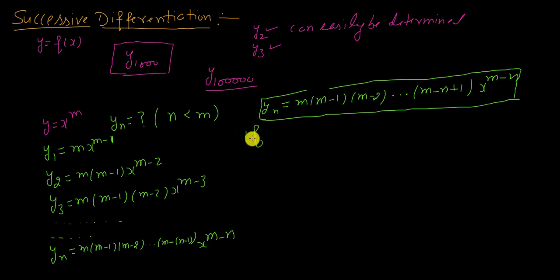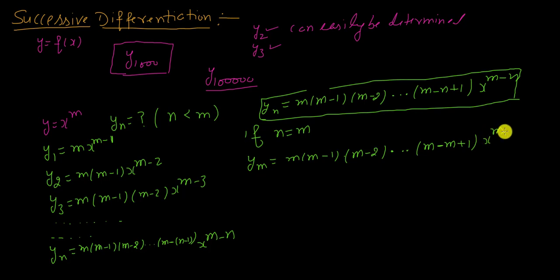And if n is equal to m, then ym in this case will be m, m minus 1, m minus 2, up to m minus m plus 1. Fine.